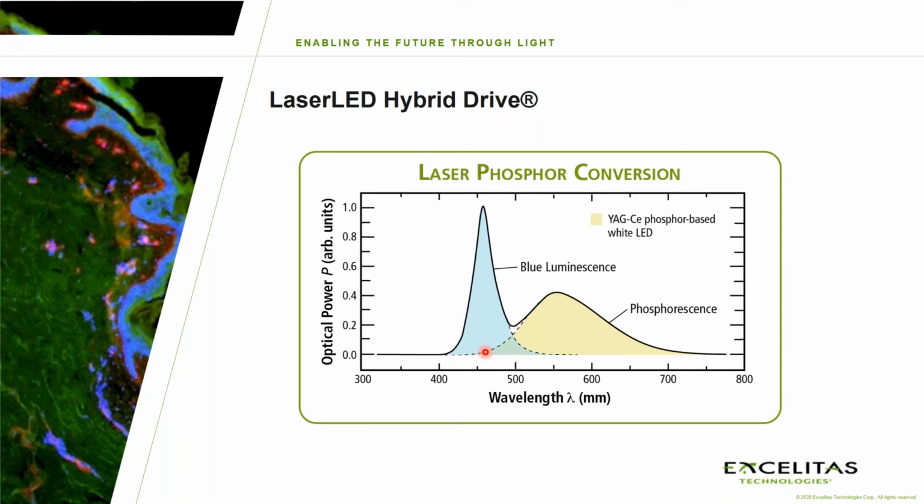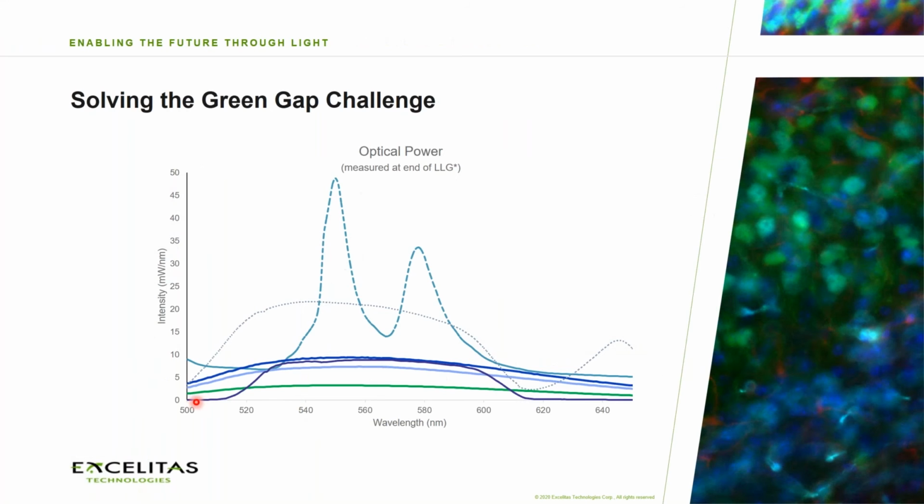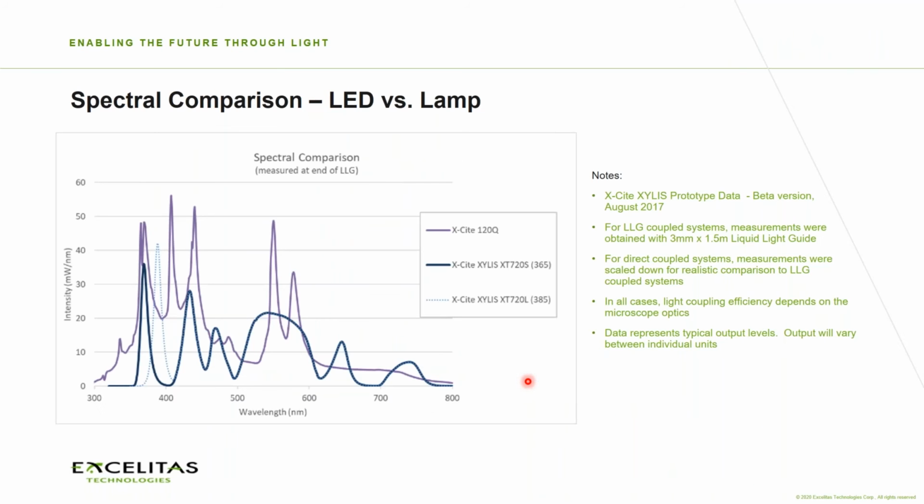You can see now that we're getting a lot closer to the mercury peaks than we were in the beginning, which was the green graph. So we're getting there, and we're getting stronger every time. Here, if you look at the spectrum of a lamp in the purple, and the spectrum of one of our newest products, in the dark blue or black, you can see we're pretty close to where we should be as far as the mercury peaks.